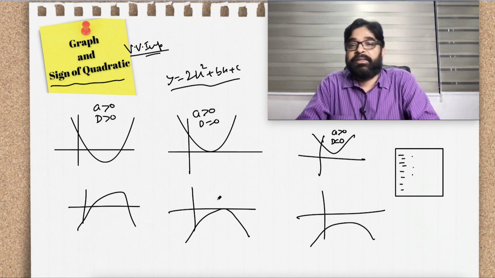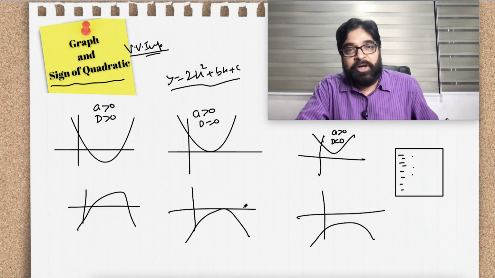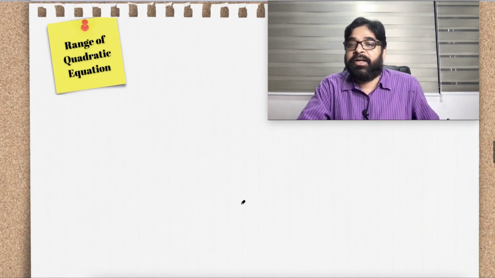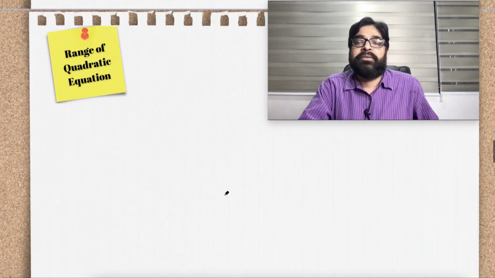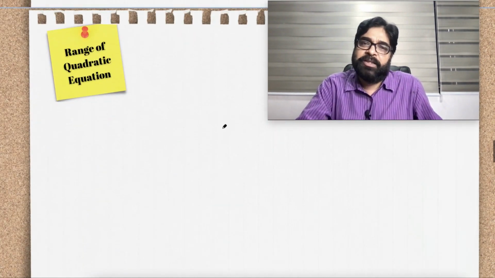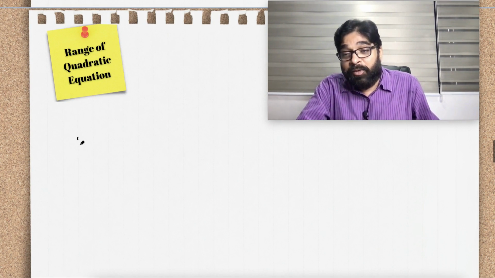Right? So graph and sign of quadratic you have to do. Next, range of quadratic equation, basically it's a subtopic of this, that's all. Range is very, very simple. You should know that the quadratic graph is this or this.